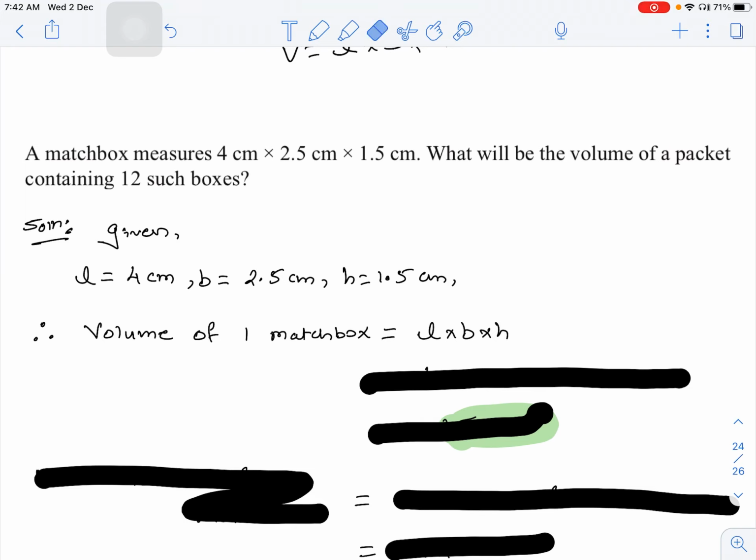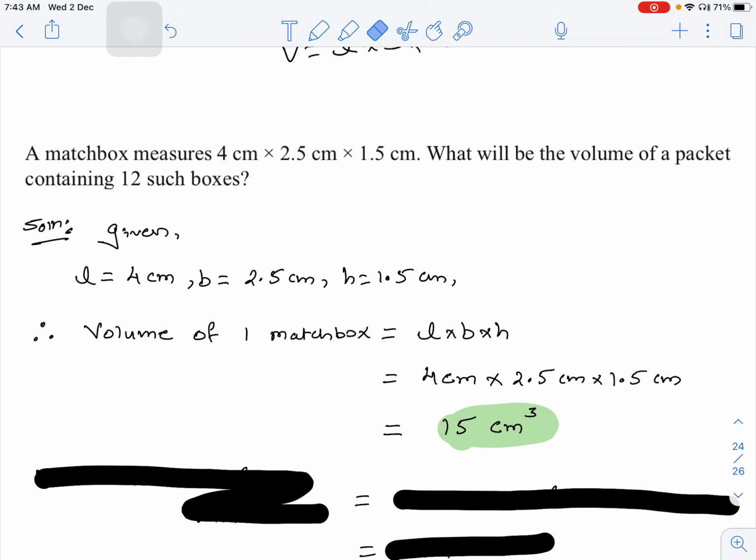Length is 4 centimeter, breadth is 2.5 centimeter, and height is 1.5 centimeter. After multiplying these three dimensions, we get that the volume of one matchbox is 15 centimeter cube.